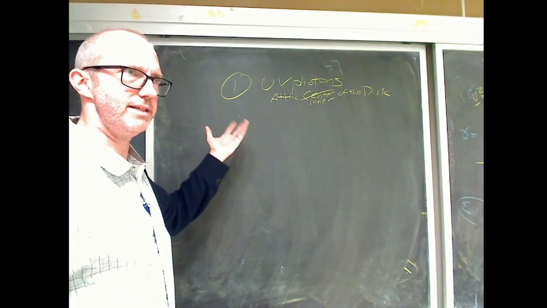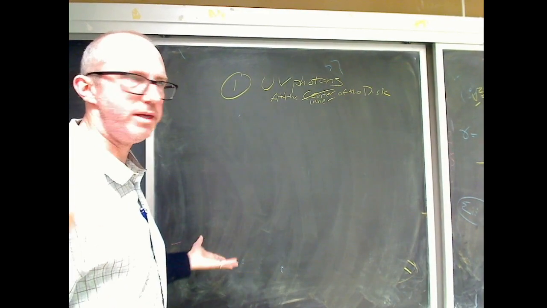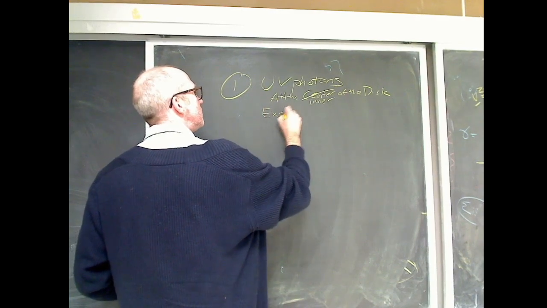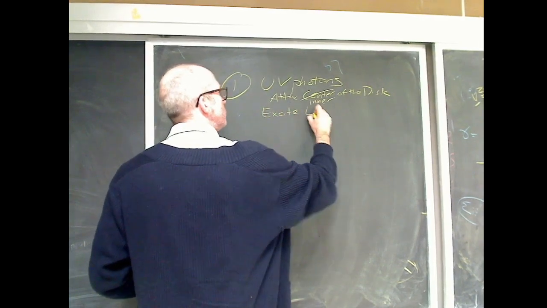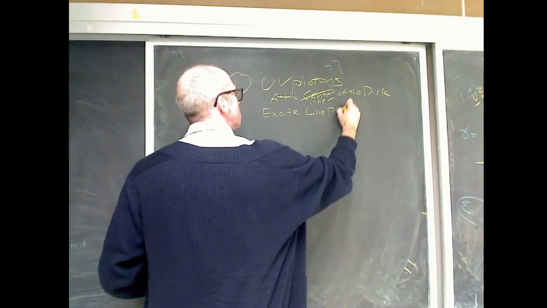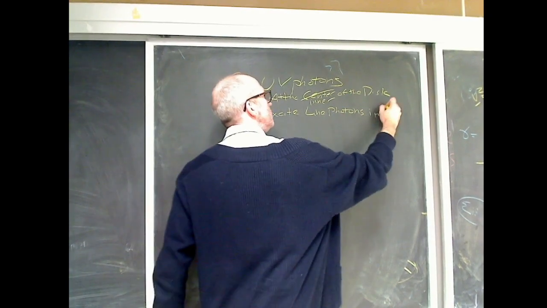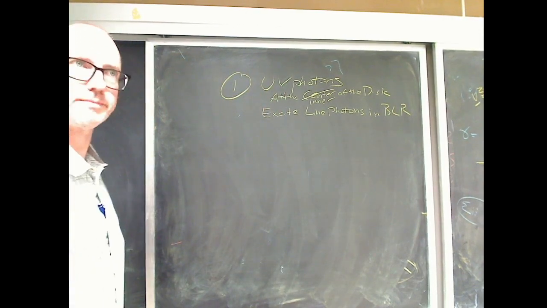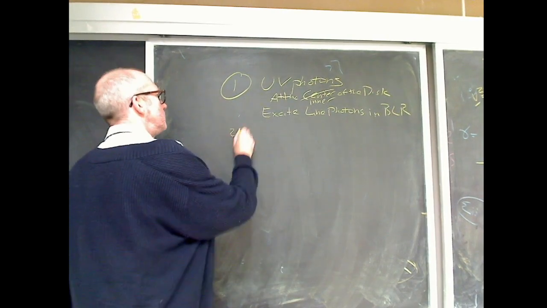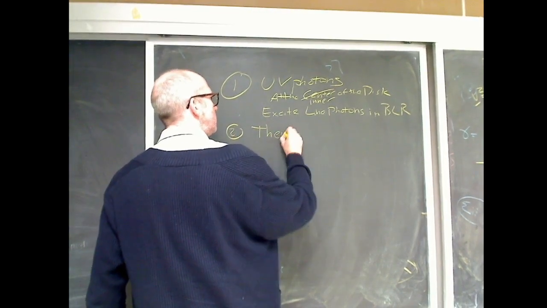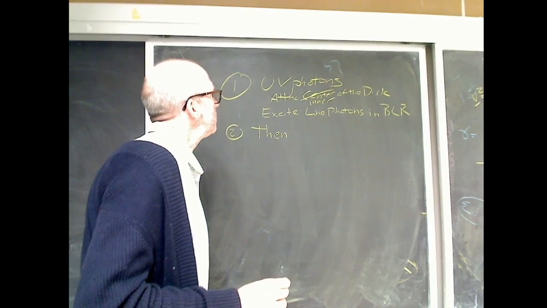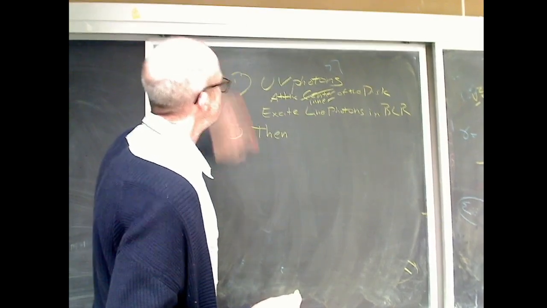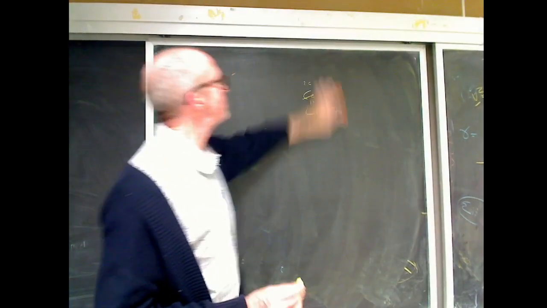We have no idea because it's inside the Schwarzschild radius, so the center is opaque to us. So UV photons at the center of the disk excite line photons in the BLR, the broad line region, at some distance. Actually, let me do this again, slightly differently. I want to organize this thought a little better.